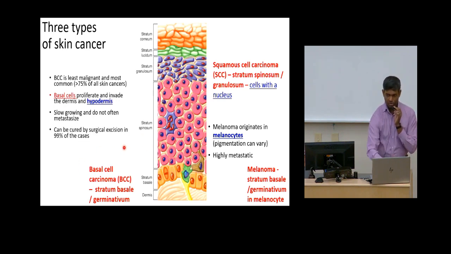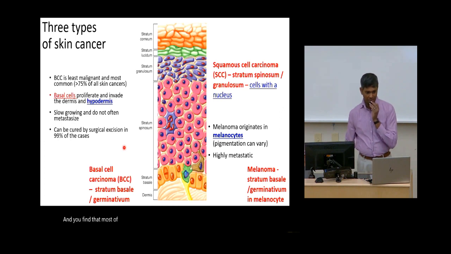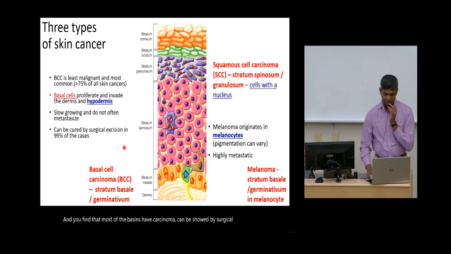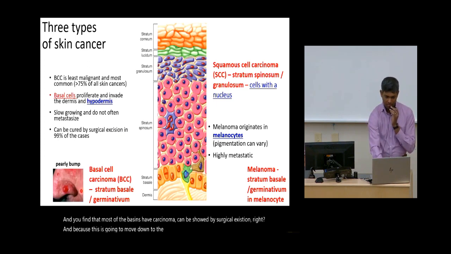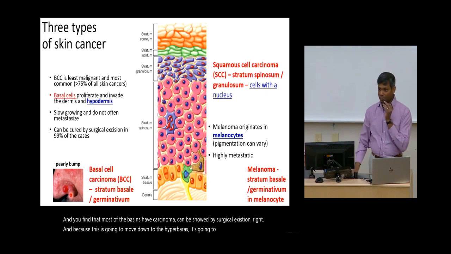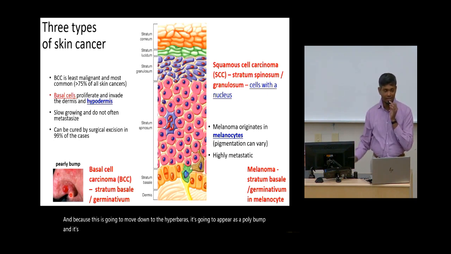And most of the basal cell carcinoma can be cured by surgical excision, right? And because this is going to move down into the hypodermis, it's going to appear as a pearly bump, and it's not going to break the upper layers of the epidermis.